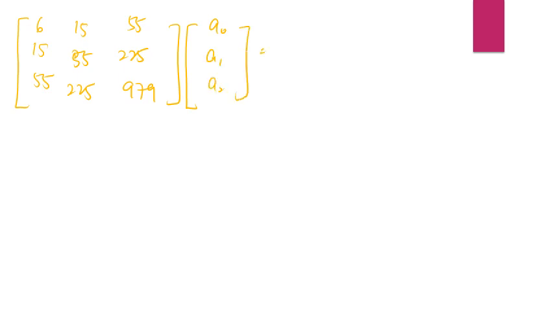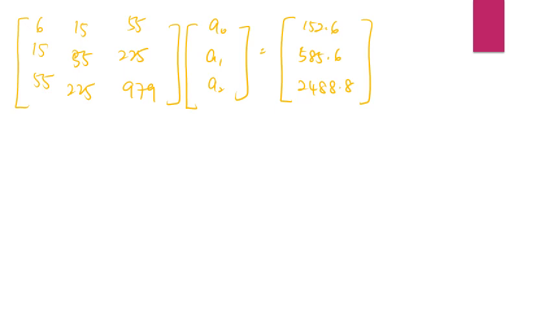Okay, so write back 6, 15, 55, 15, 55, 225, 55, 225, 979, A0, A1, A2, 152.6, 585.6, and 2488.8.